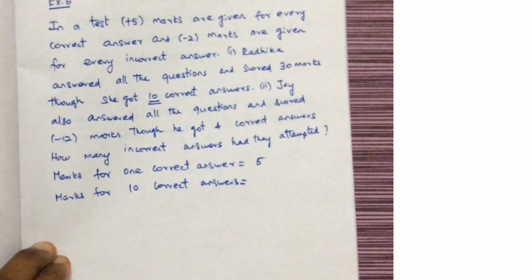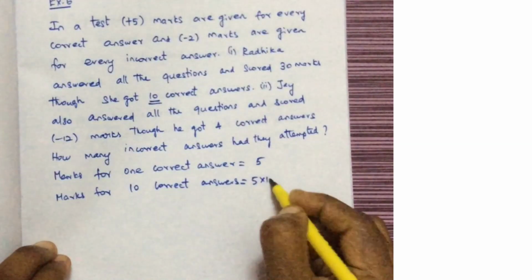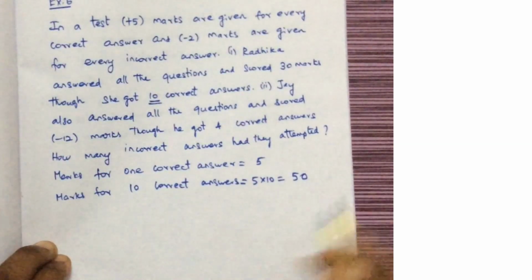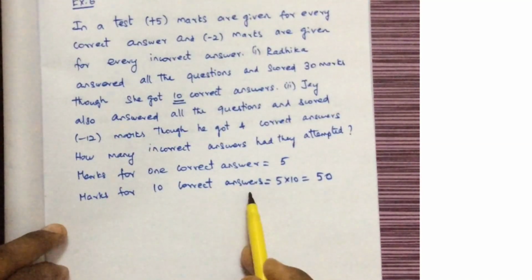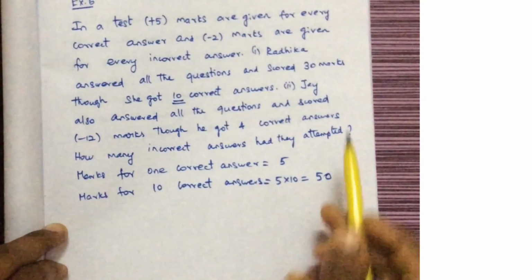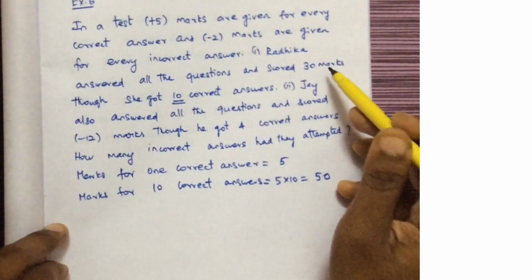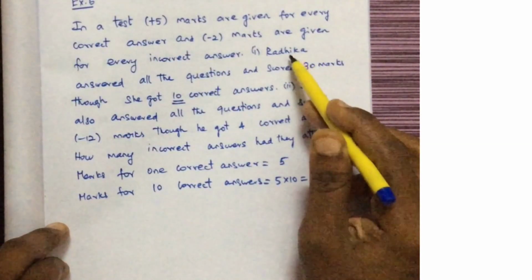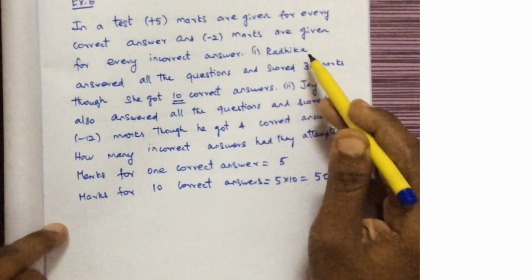For one correct answer, the mark is 5, so for 10 correct answers, the mark is 50. You can see the marks for 10 correct answers is 50, but the total score is 30, which is less than 50, which means she made mistakes. She got some questions wrong, so her mark is reduced.